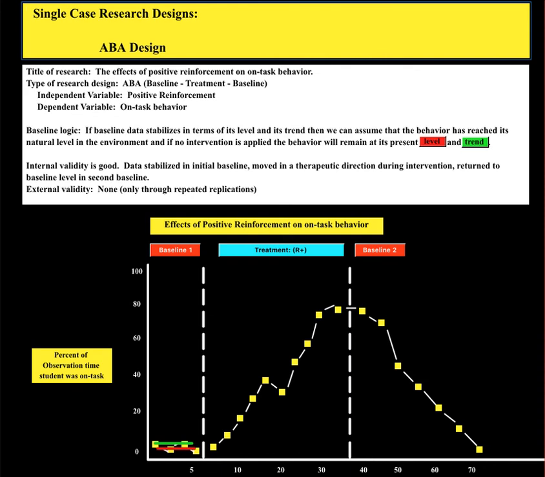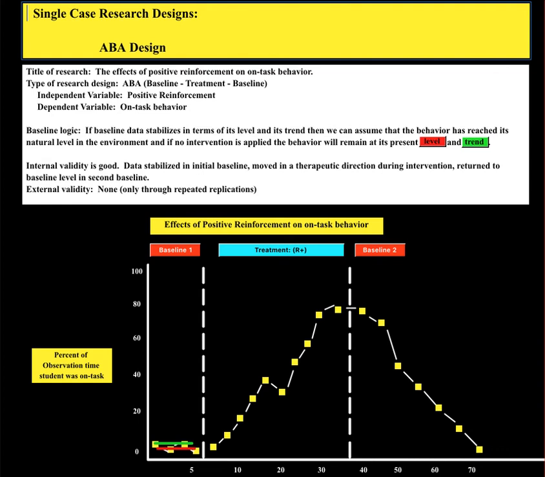Since the data stabilized in terms of level and trend and variability in the first baseline condition, then moved in a therapeutic direction during the intervention phase, and then moved back to baseline levels in the second baseline condition when the intervention was withdrawn, we can say with a relatively high degree of confidence that it was the independent variable, the positive reinforcement, that was responsible for the change in the dependent variable, or on-task behavior.